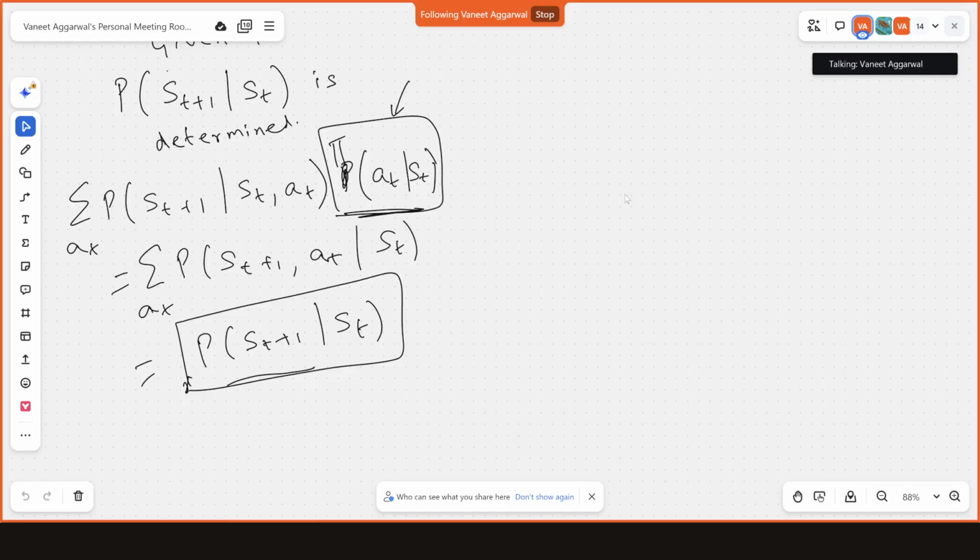The decision comes in determining the best pi. And that is the basic extension between the Markov process and the Markov decision process. Any questions on this?